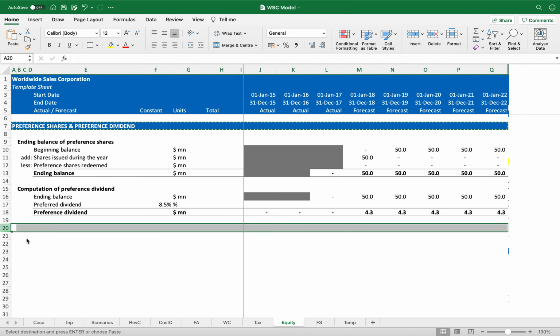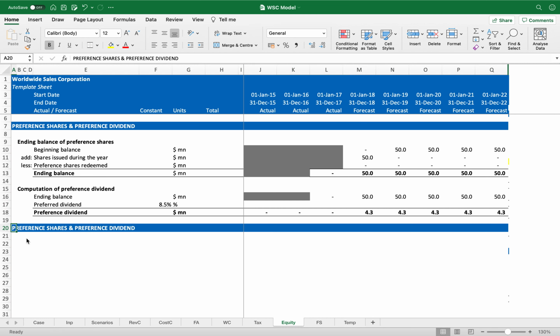Now, the next computation is equity shares and common or equity dividend. First, I need to do the exact same thing. I need to compute the ending balance of equity shares.